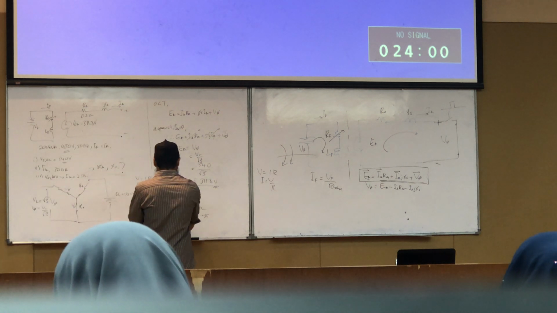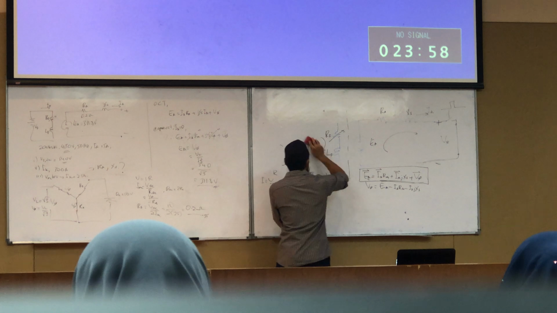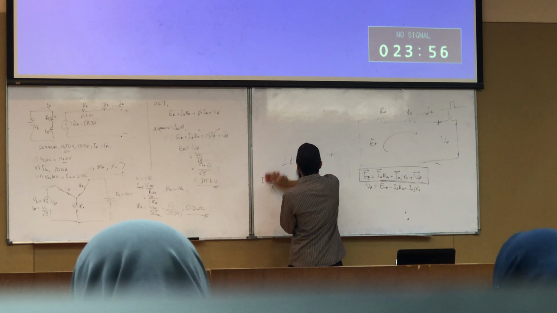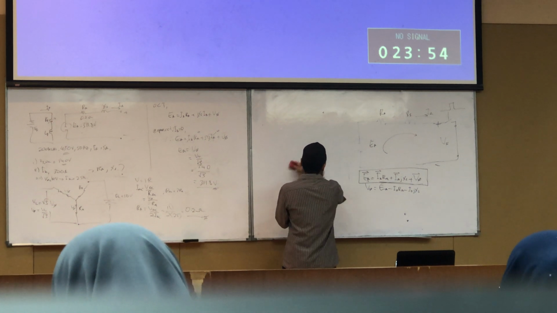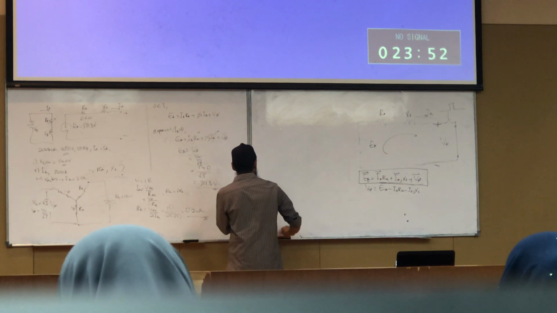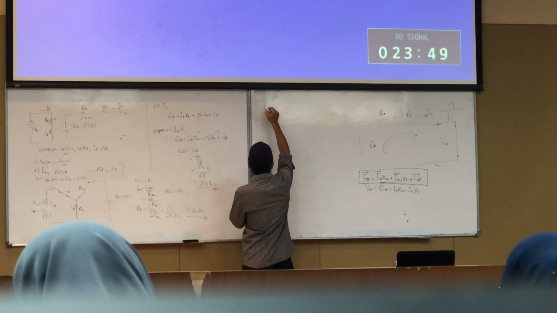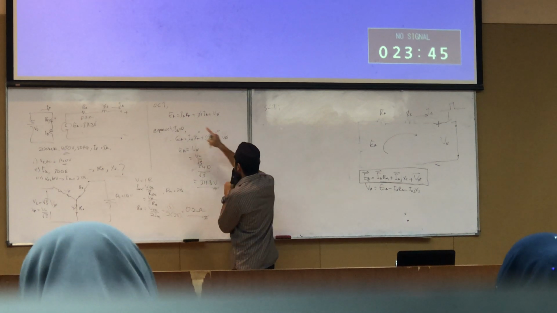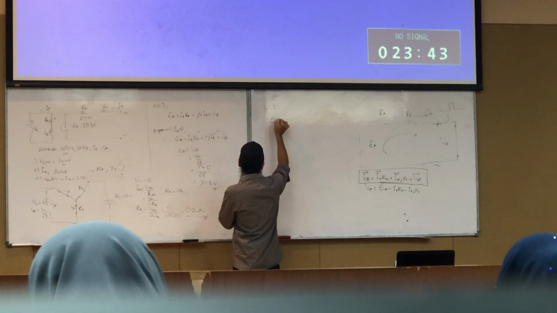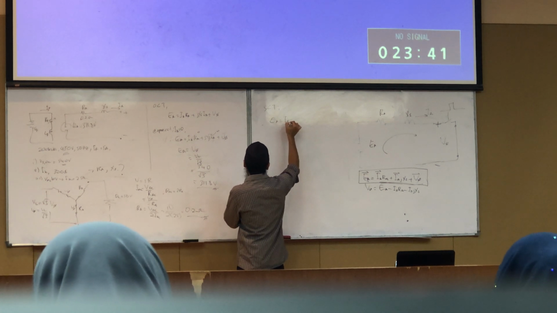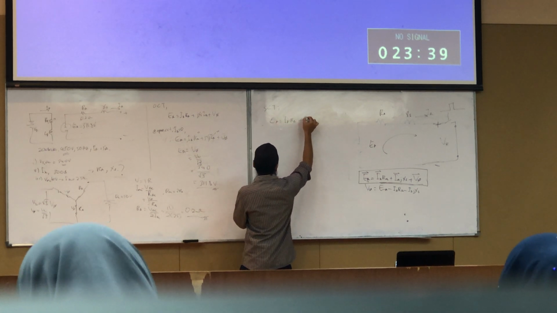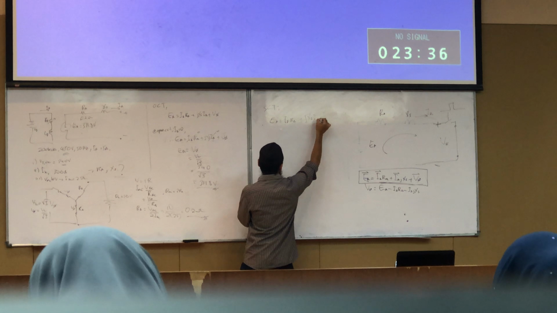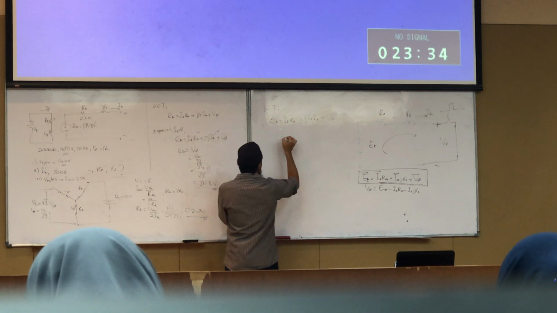Next, we have 3 minutes more. Hope you can speed up. Short circuit test. Just now open circuit, now short circuit test. Same equation, EA equal to IARA plus jXSIA plus V phase.